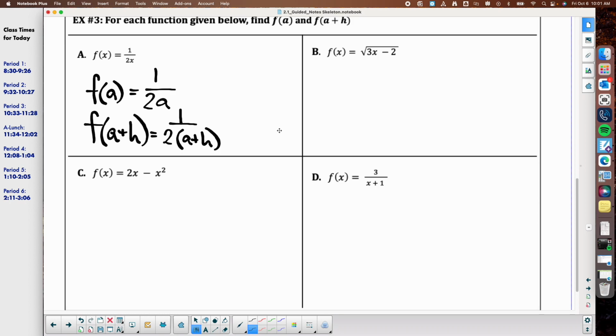On C, you definitely want to simplify, by the way. You don't want to leave it grouped together. Because that's how these problems are going to work, is if you simplify that down.